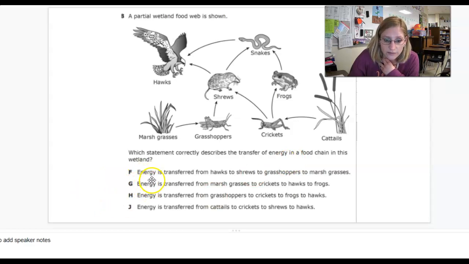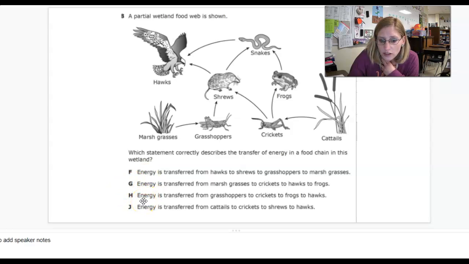Let's look at F. Energy is transferred from hawks to shrew to grasshopper to marshlands. G. Energy is transferred from marsh grass to crickets. Nope, that one's definitely not right. The other one was going the opposite direction, so that's not right.